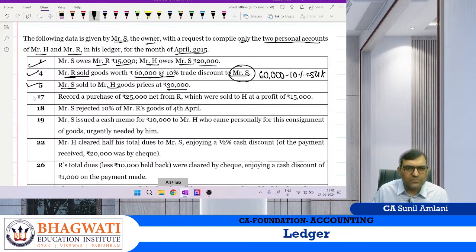30,000. On 17th, record a purchase of 25,000 net from R, which were sold to H at a profit of 15,000. Okay, so there are two actually adjustments. One is, 25,000 rupees we are purchasing from R. Okay, 17th.